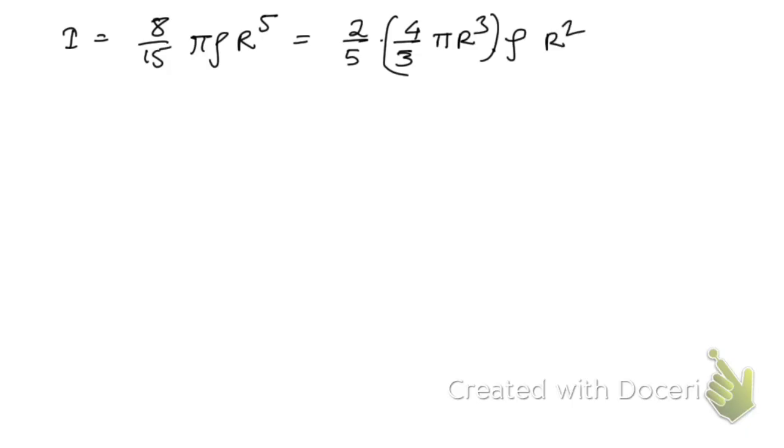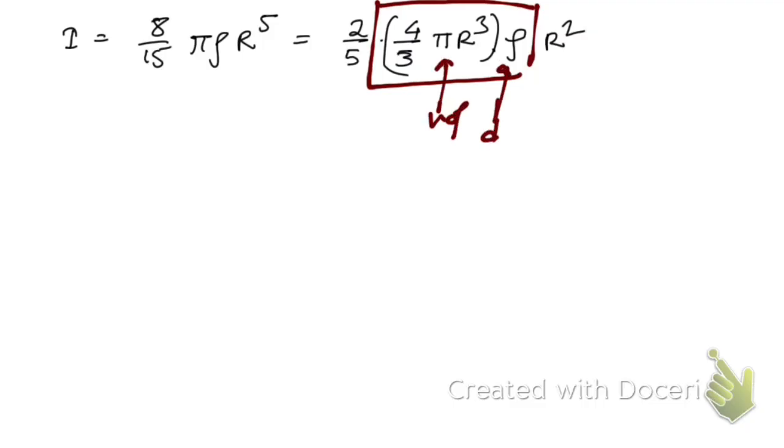That's what we have got. Now you see, if you multiply this by 3, then again you're going to get this. This part is volume and this is density. So volume into density is mass, capital M, which is the mass of the sphere, right?